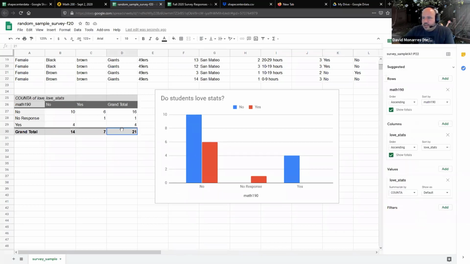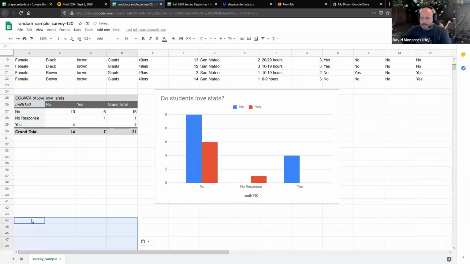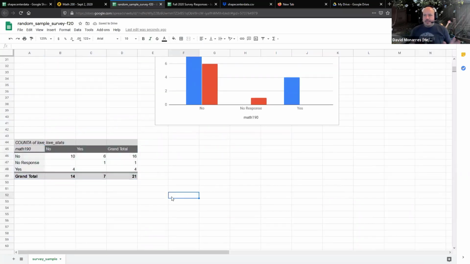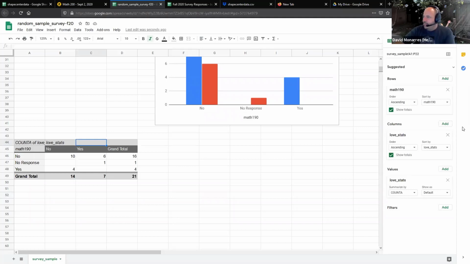So what I'm going to do is I'm just going to go ahead and copy this. When you copy a pivot table, it's nice because it keeps the selection of all the data, and then you can just play around with it. So now when I look at this pivot table, if you remember before, the way that we got the pivot table to show percentages rather than just raw counts was down here in the values.